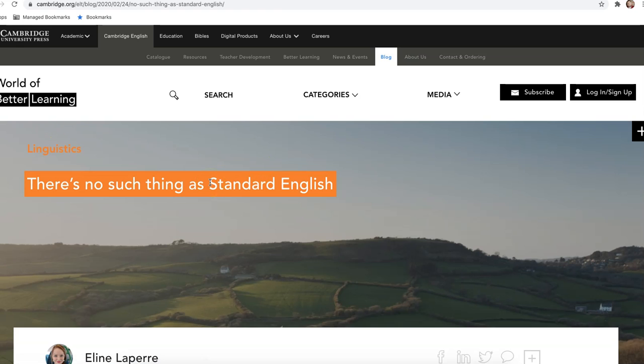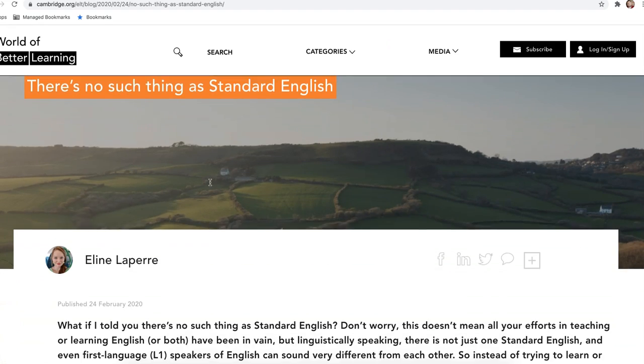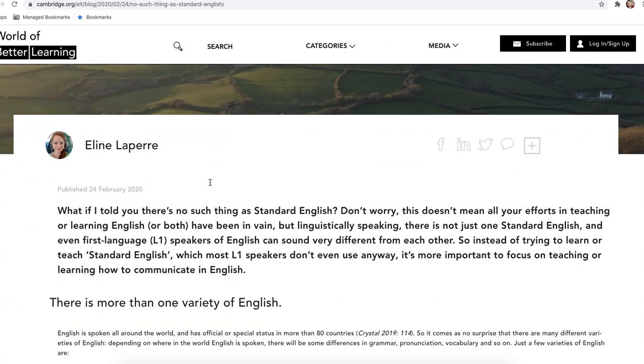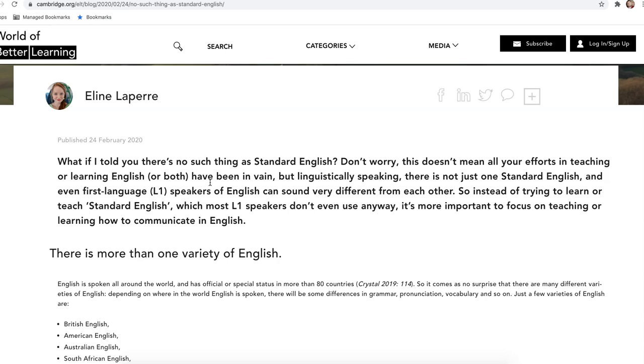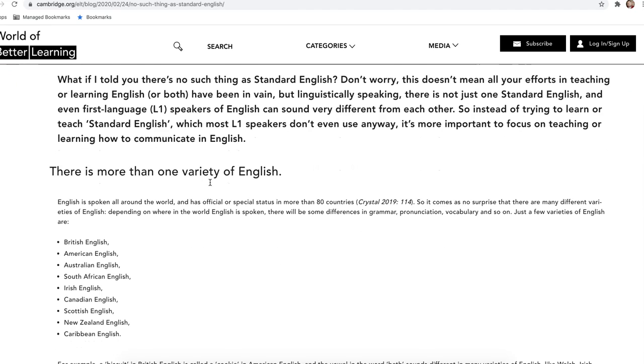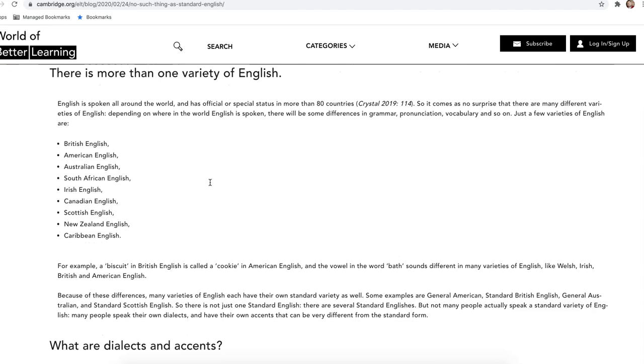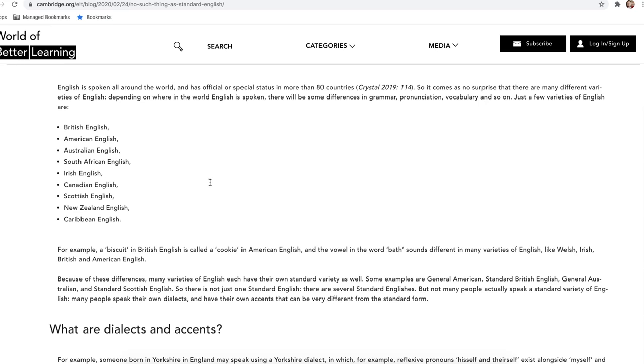this, which comes from Cambridge University Press, talking about there's no such thing as standard English, right? So there's not one standard English, and even if you say there's a standard English, right? There's a standard British English, a standard American English, a standard Australian English, a standard South African English, standard Irish English, standard Canadian English, right? But then all of these are also going to have dialects within all of them.